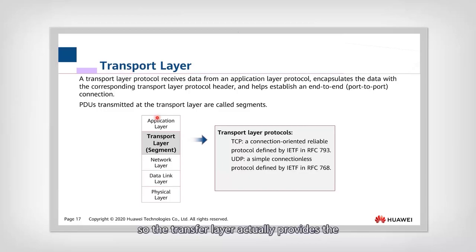The transport layer provides end-to-end transmission, or an end-to-end connection. It receives the data from the application layer protocol. So in the application layer, when they want to send a message to the internet, they don't send the message directly.